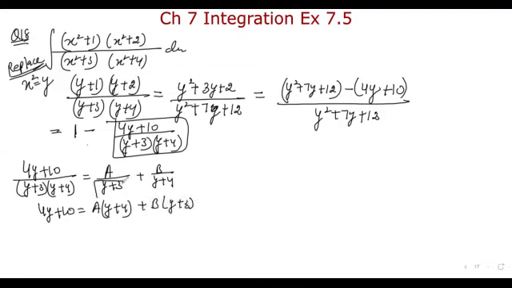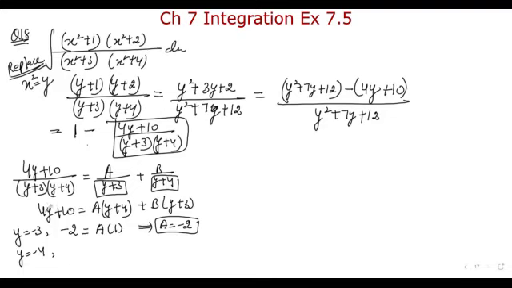If I put y plus 3 as 0, I will get the value of y as -3. If I put y plus 4 as 0, I will get the value of y as -4. So in place of y if I put -3, -12 plus 10 which is -2. Then if I put -3 in place of y, a into 1, and that will become 0 anyway. So the value of a is -2.